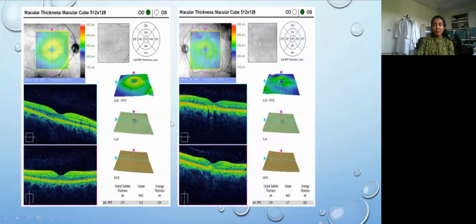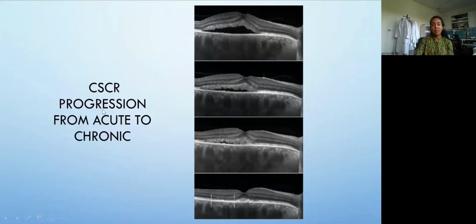So here are representative OCT images for the patient's right eye and also his left eye. And you can appreciate how the RPE layer is more disrupted in his left eye compared to his right eye. And remember that there's this fluid, initially subretinal fluid, in acute central serous chorioretinopathy.